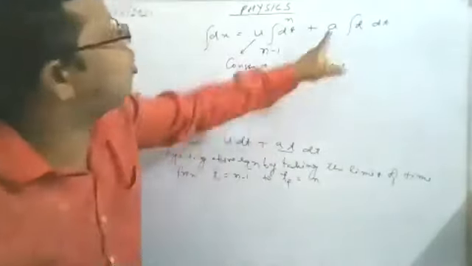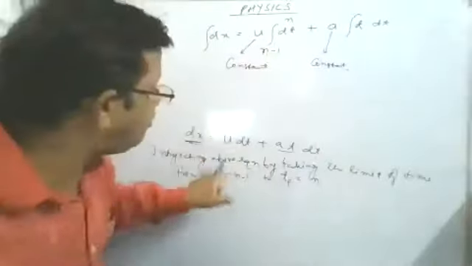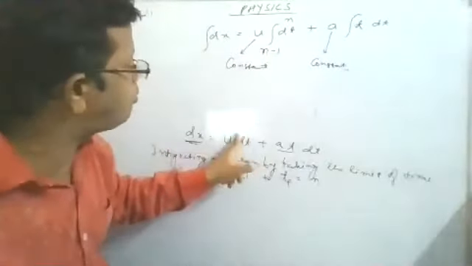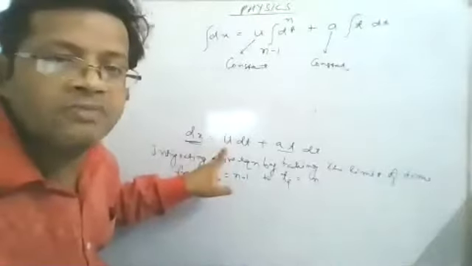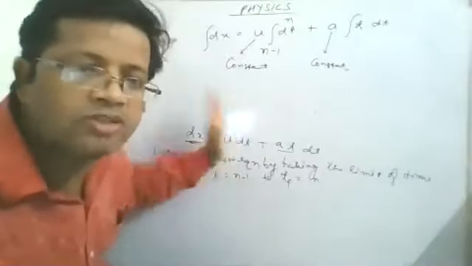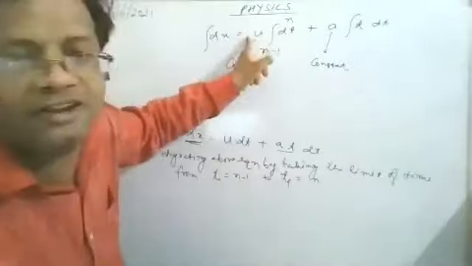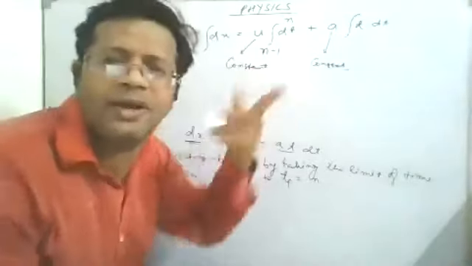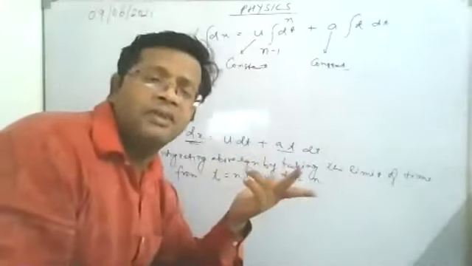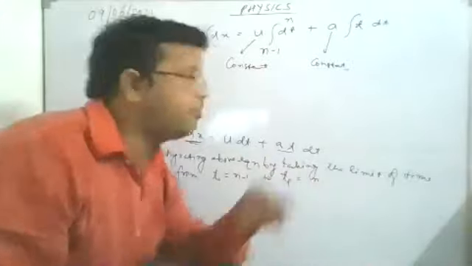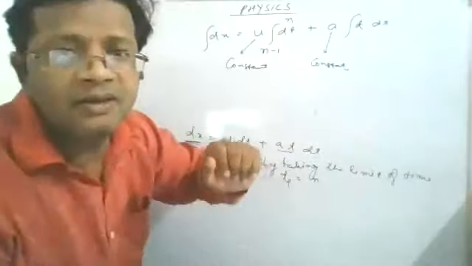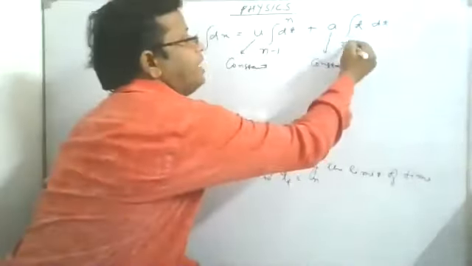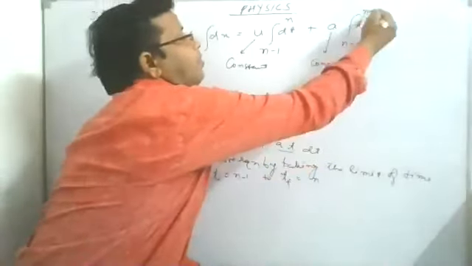We always take constants outside the integration sign, because a constant is fixed, so we will not integrate it. We will integrate the variable term, time. What is the limit? n-1 to n second.